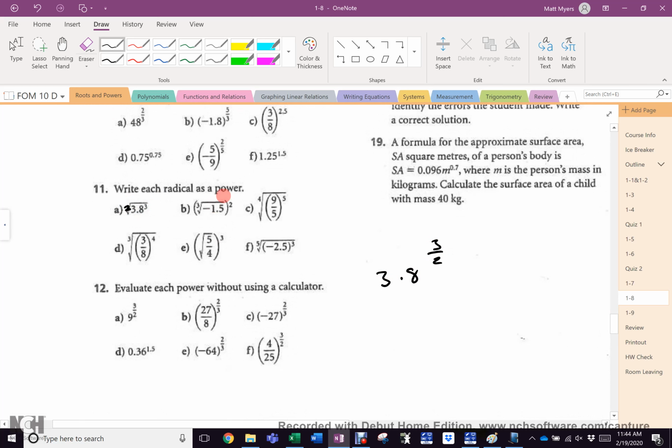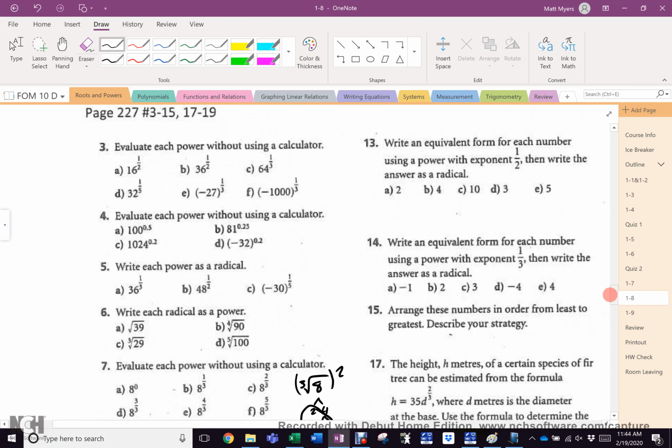So this one is negative 1.5 to the 2/3. Okay? That's always the same. If it's a fraction, that is 5/4 to the 3/2. Everybody good? All right. And number 13.